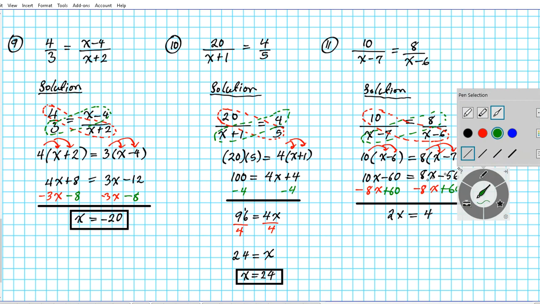And then to finish this off, you simply divide both sides of the equation by 2. So divide by 2, divide by 2, and then you get your final answer, x is equal to 2.